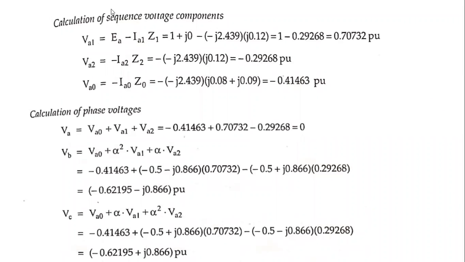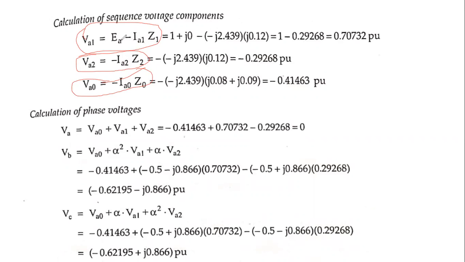We are already well aware of the formulas for the voltages. VA1 is equal to EA minus IA1 into Z1. VA2 is equal to minus IA2 into Z2. And VA0 is equal to minus IA0 into Z0.